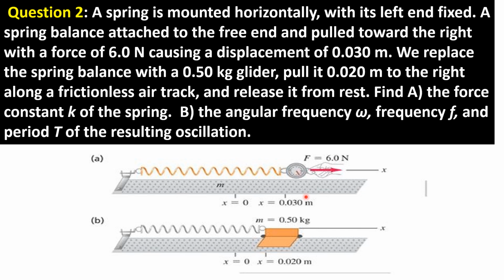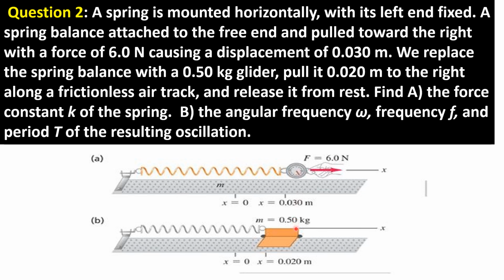Now, when the spring balance is replaced by a mass equal to 0.50 kilogram, which actually is a glider, you're going to pull the glider to the right along a frictionless air track, to a distance x equals 0.020 meters.